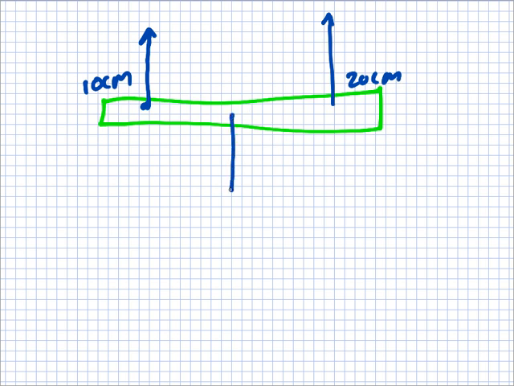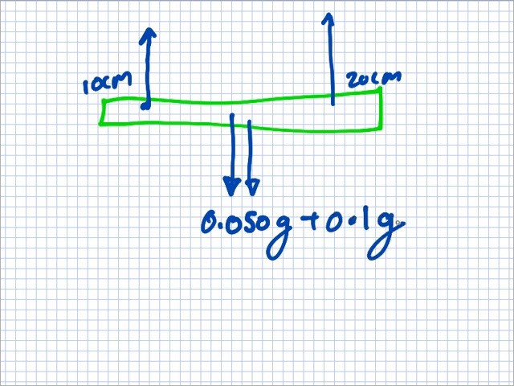So there's 2 forces here now. The 50 grams, and also there's another force here of the weight, which was 0.1 G. Okay? And we'll call this force T and F. Is this okay so far, guys?